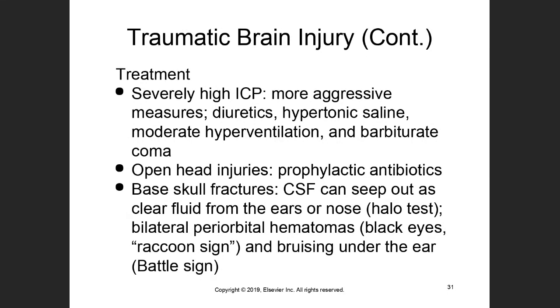Especially if you have a patient who has a head trauma and they have a runny nose. If you have a severe head trauma and the patient starts having a runny nose, be careful, because maybe that is CSF, because CSF is extremely similar to a runny nose.